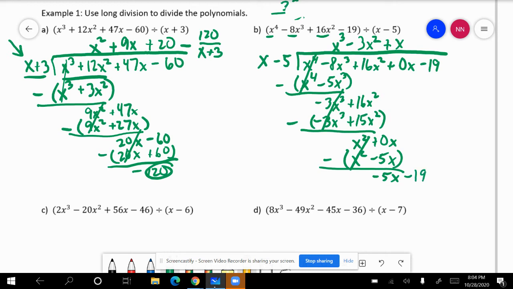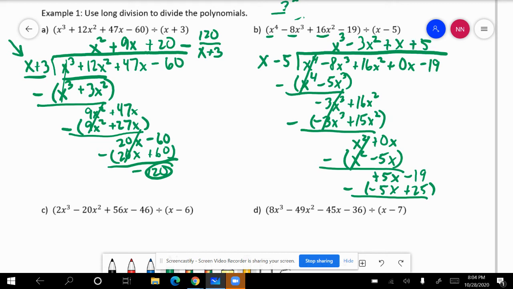X goes into -5x, -5 times. -5 times x is -5x. -5 times -5 is positive 25. Then we subtract. Oops, that was a positive 5 because I subtracted it.